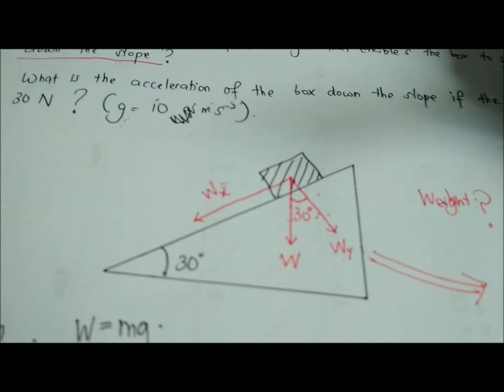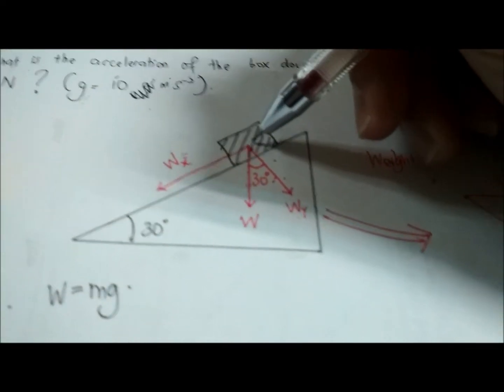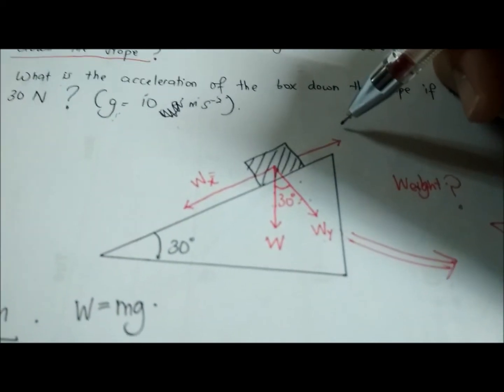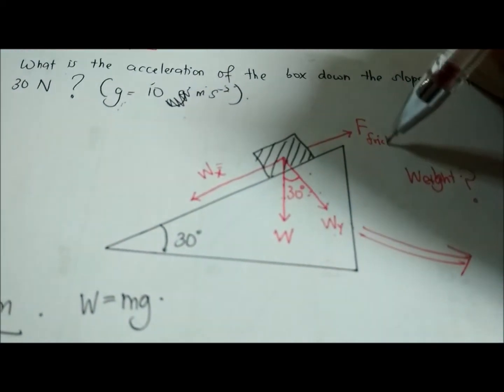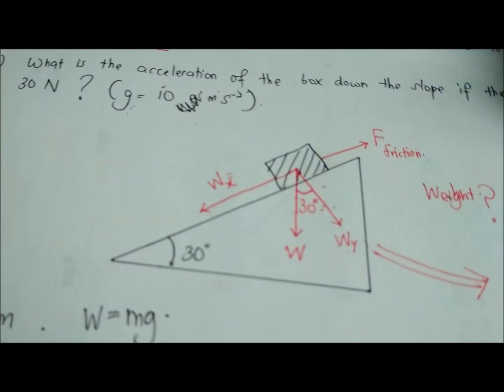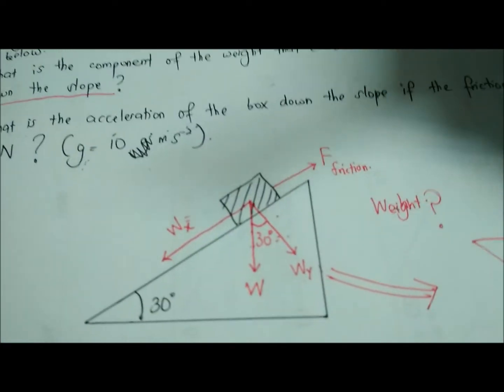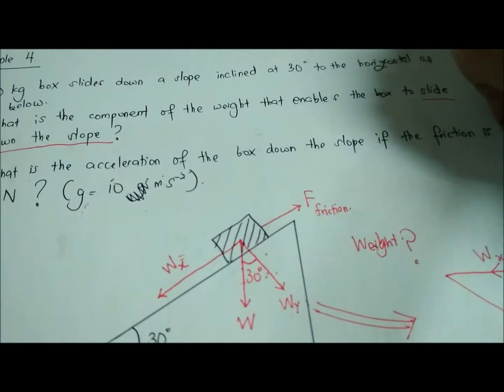So where is the direction of friction? The direction of friction is this way, F friction. So what is the acceleration of the box down the slope?